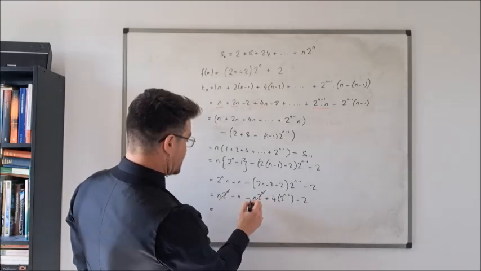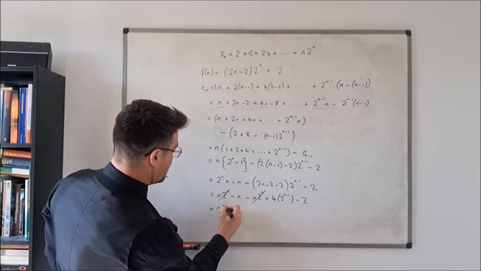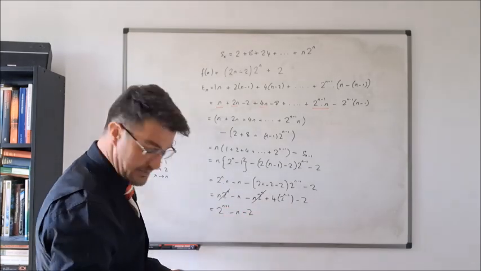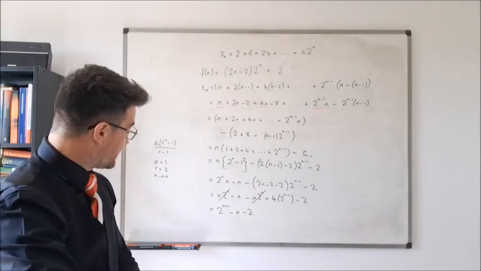So cancel, and that can be simplified to 2 to the power of n plus 1 minus n minus 2. Hopefully that agrees with what I had. I'm just going to check.